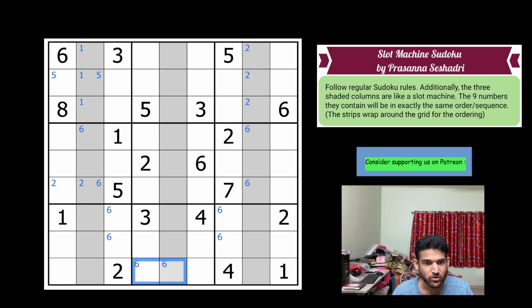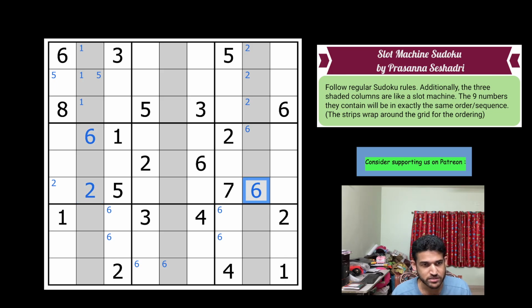Now the first thing I noticed was, I have solved the Sudoku already by the way. If you have a 2 in this cell, let's say you have a 2 here, so 6 gets forced here, and by Sudoku 6 gets forced here.